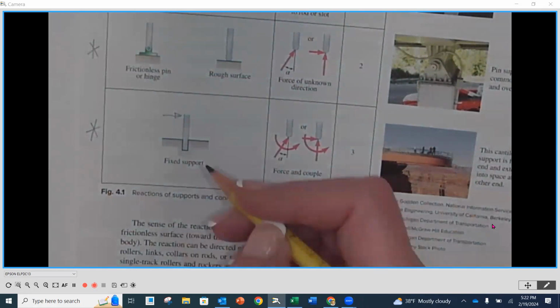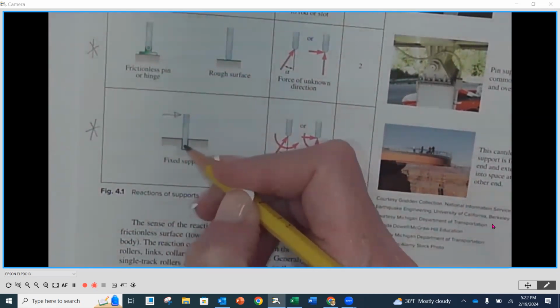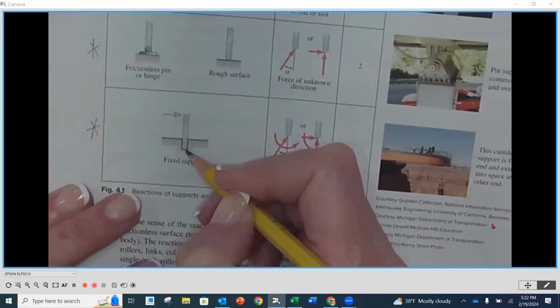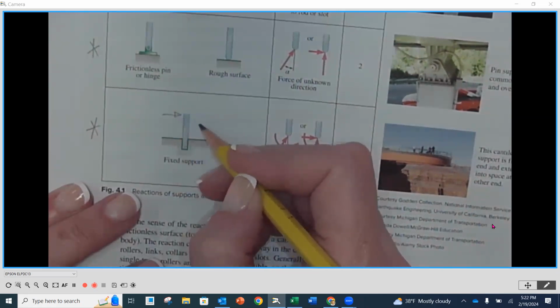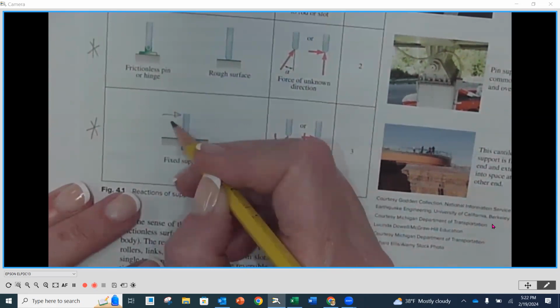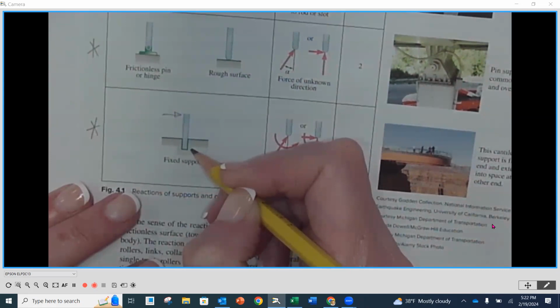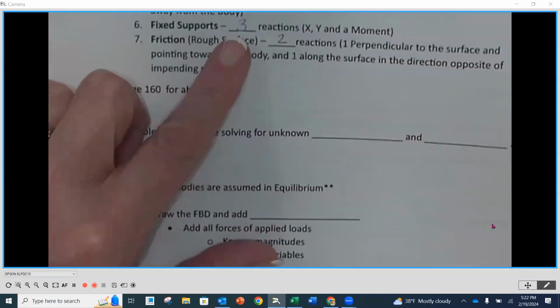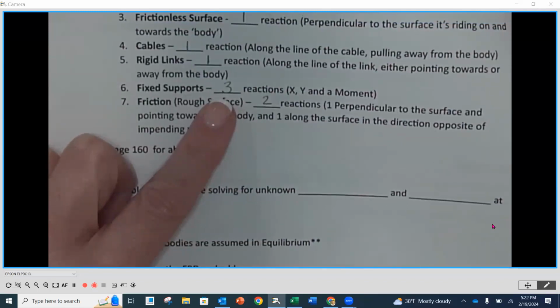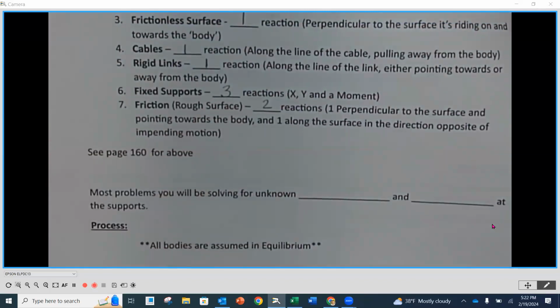And then we have to determine down here what's going on. So this doesn't allow it to move horizontally. It doesn't allow it to pull out vertically. And because of the nature of this offset force causing rotation, it has to be able to resist that rotation going in the opposite direction as well. Okay. So that's why there are up to three reactions for a fixed support.